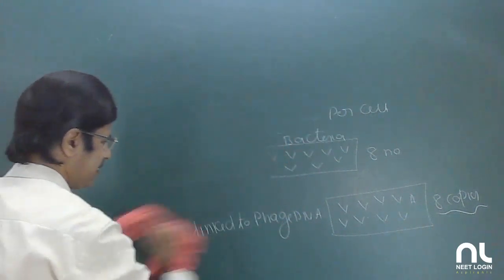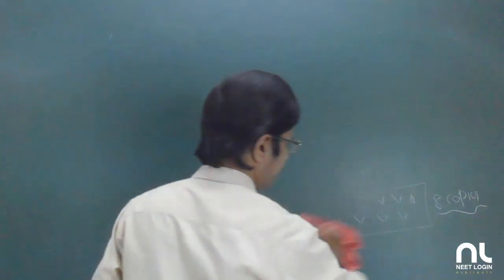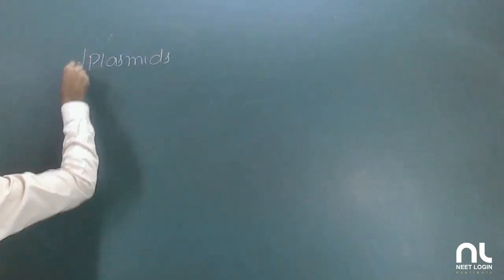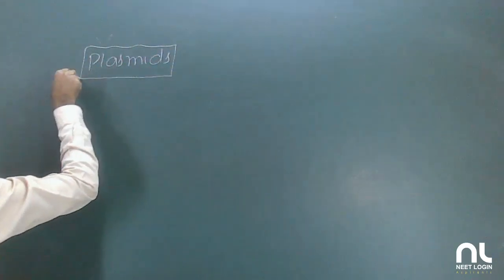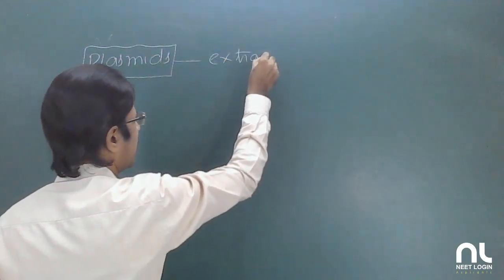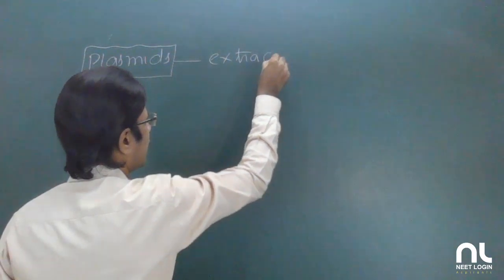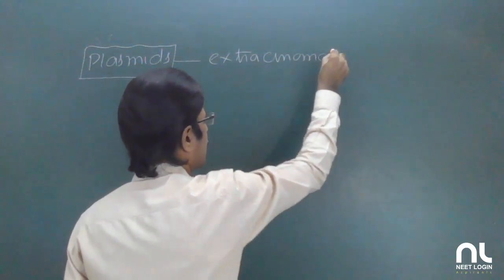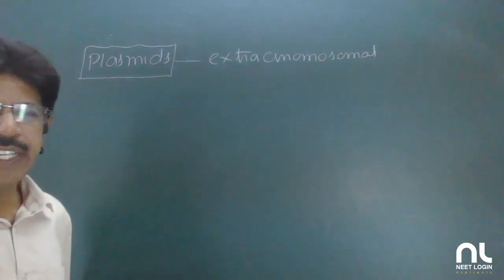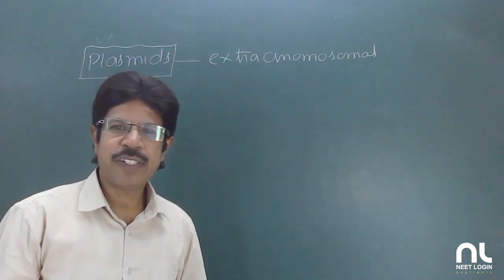And the second one is plasmids. The plasmids are extra chromosomal, that is extra genomic, in addition to the genome.